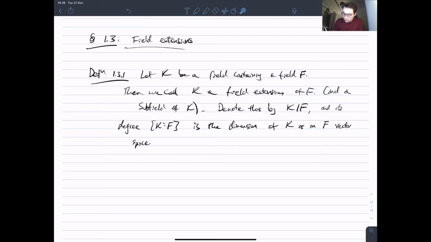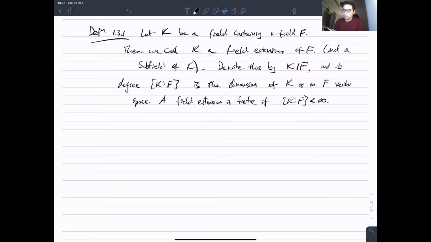So K lives over F. They're both fields, so you can think of K as a vector space over F, and then the degree is just the dimension of this vector space. We say the field extension is finite if this degree is less than infinity, so it's a finite number. Otherwise, we say it's an infinite degree extension.